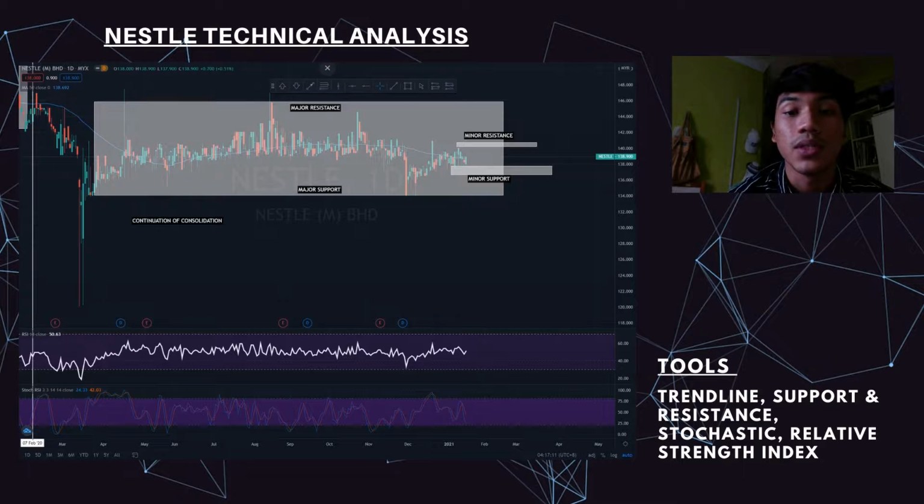But as you can see, the current price right now just touched the major support of the consolidation period, and now it is playing in the minor resistance and minor support.